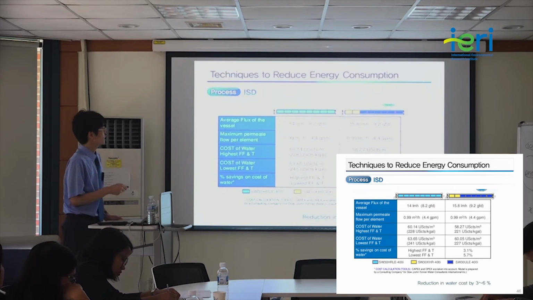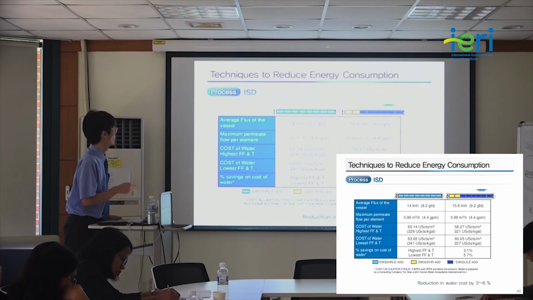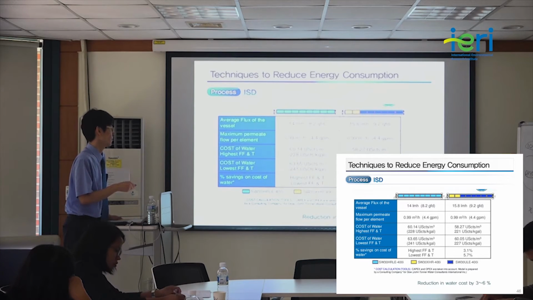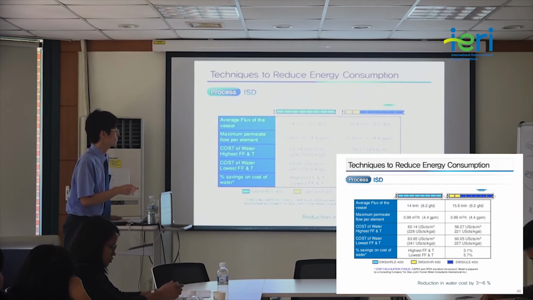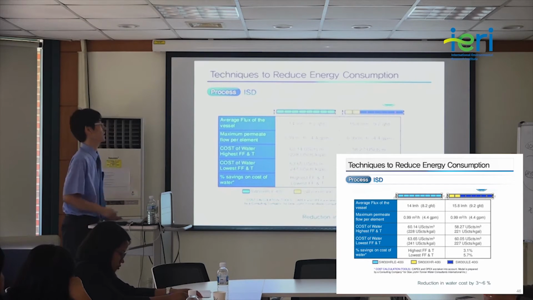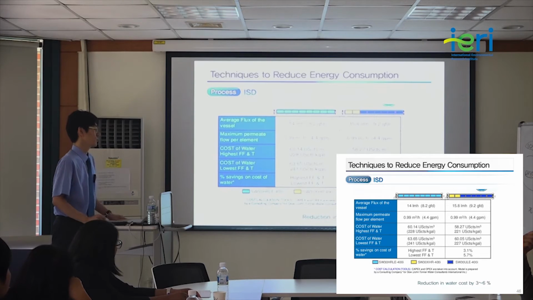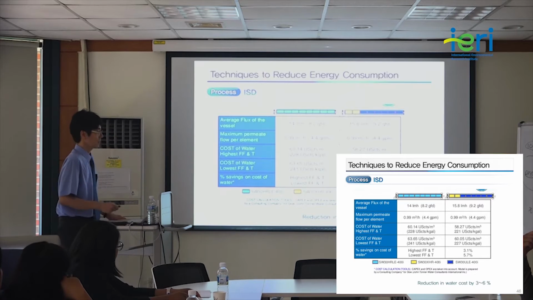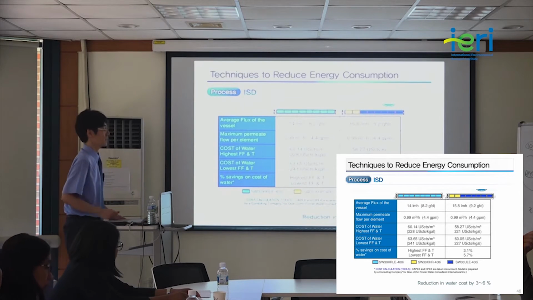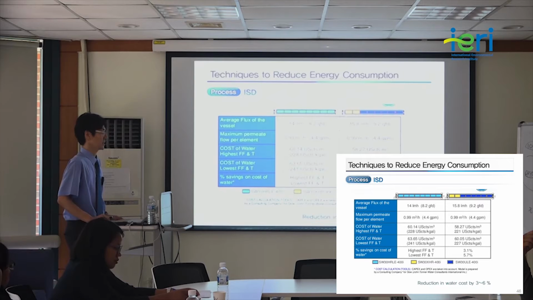The effect is the actual reduction in the water cost ranges from 3 to around 6%. So by simply changing the membrane arrangement without changing the other parts, we can also reduce the water cost, which depends on the energy consumption in this system.